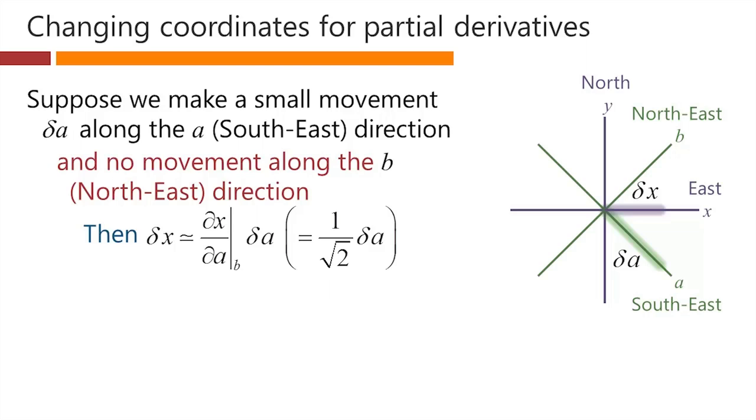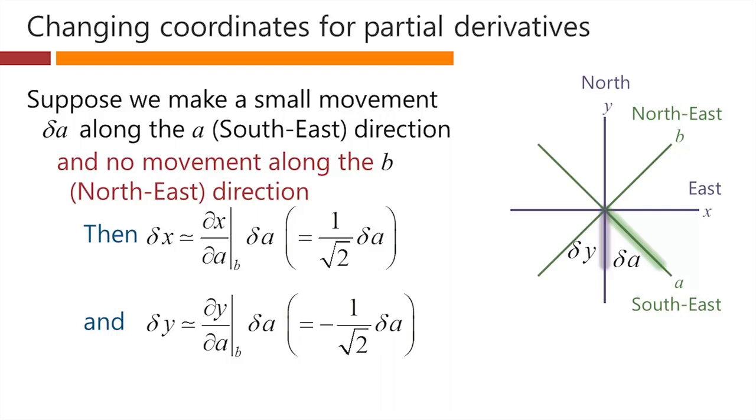Suppose that we make a small movement, delta a then, along this southeast direction, and no movement at all in the northeast direction. Then we will move an amount delta x along the x-axis, that is dx by dA at constant b times delta a. And in this case, that would be 1 over root 2 times delta a.